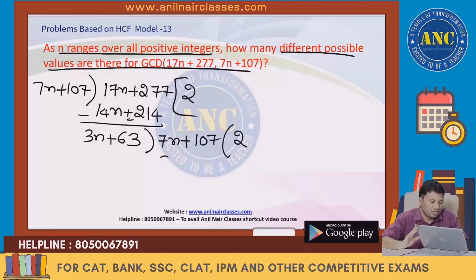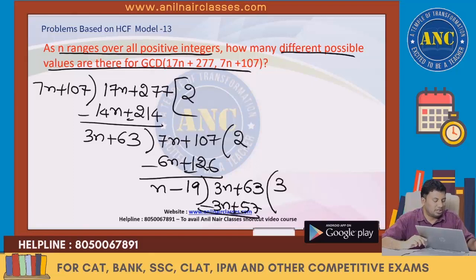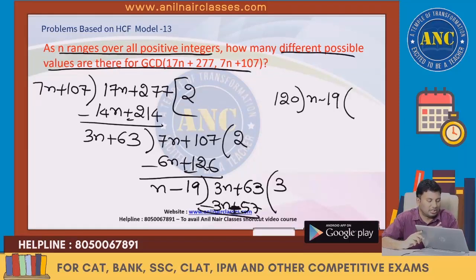This 2 times 6n plus 126 gives n minus 19. n minus 19 divides 3n plus 63. It is 3 times, 3n minus 57, which is nothing but... minus 57, 120. 120 is divisible by n minus 19, and so on.